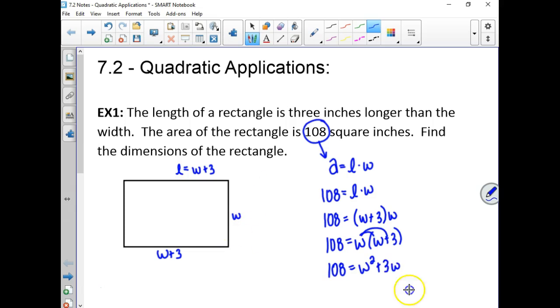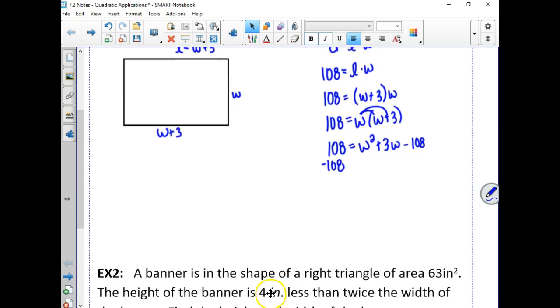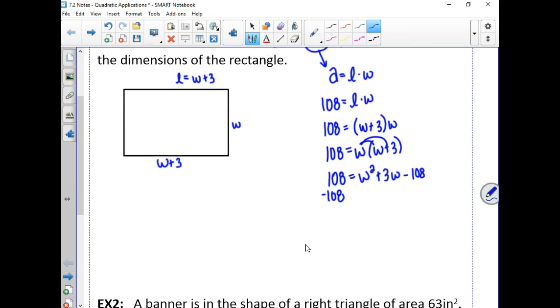And notice that I have a W squared and a W here, so I'm going to have to factor. So I need to move this 108 to the other side of the equation. And whenever I do that, I'm going to get 0 equals W squared plus 3W minus 108.